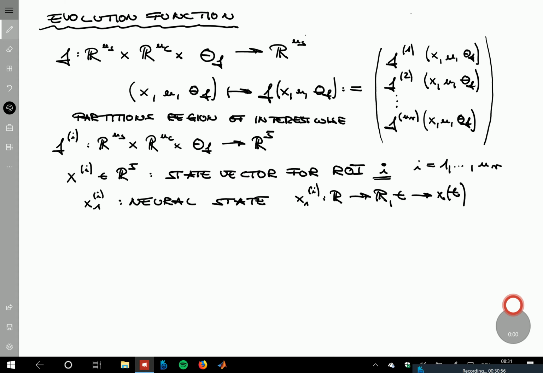So what everybody uses is this with one neural state variable per region. For each point in time, the model assumes that there is one value in each of these 4 regions that I just mentioned, and that's the neural state, and this neural state can go up and down.